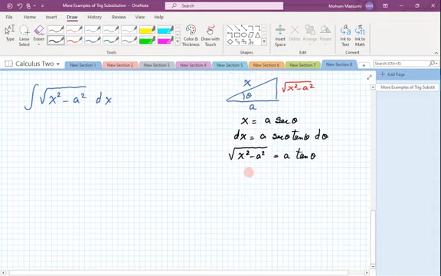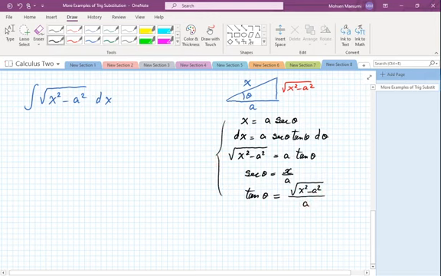In reverse, secant of theta is going to be the ratio of hypotenuse to adjacent, and then we of course need the tangent of theta in our back substitutions. Tangent of theta is opposite over adjacent, so let's record that for future use. So these are the elements of the substitution and back substitution.